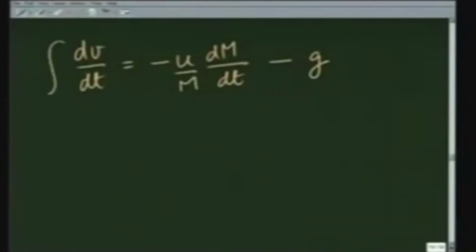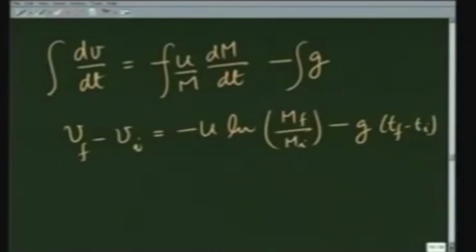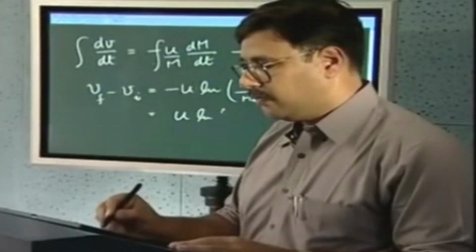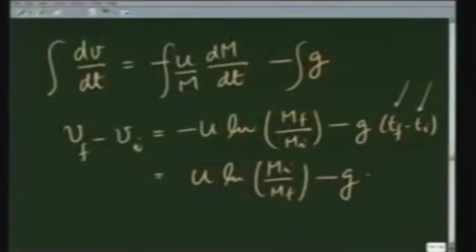Integrating, since u is a constant, I get v final minus v initial equal to minus u log of m final over m initial minus g (t final minus t initial), where the rocket was fired at initial time ti and went up to tf, which is the same as u log of m initial over m final minus g delta t, where delta t is the time for which the rocket was fired.